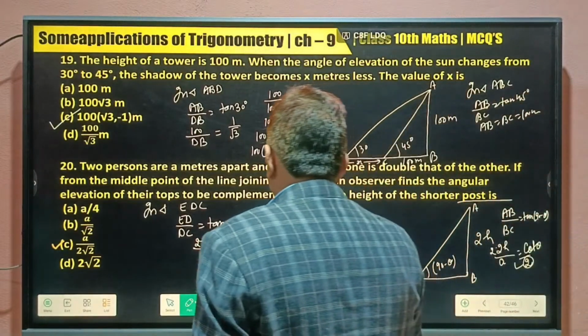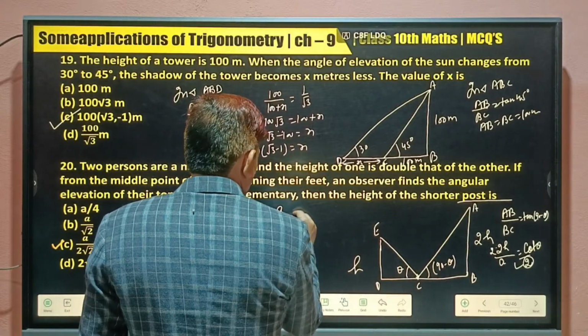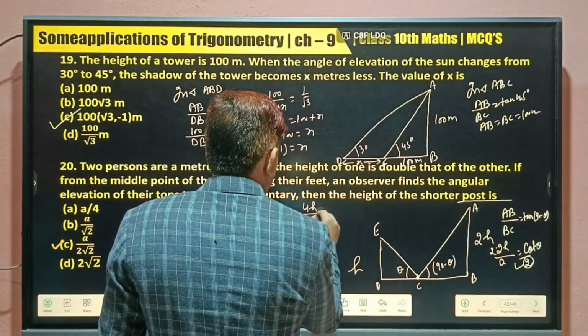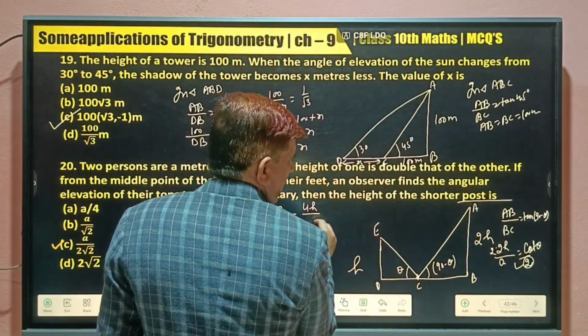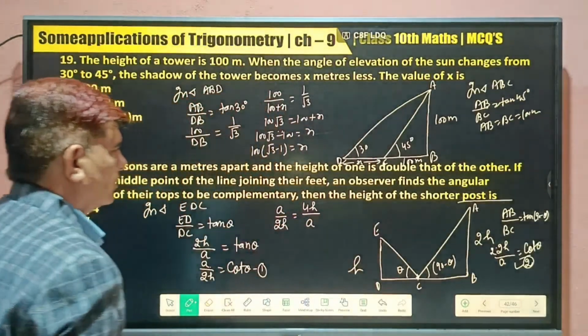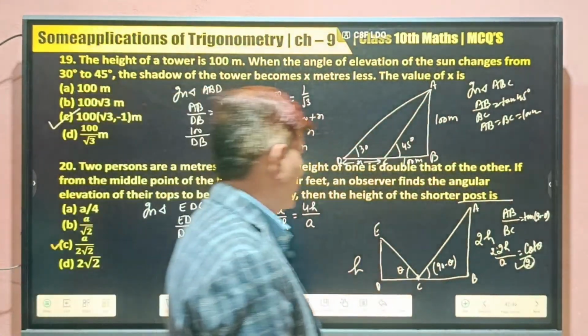What's equal? A by 2H is equal to 4H by A. Yes or no? What's its meaning? Understood or not?